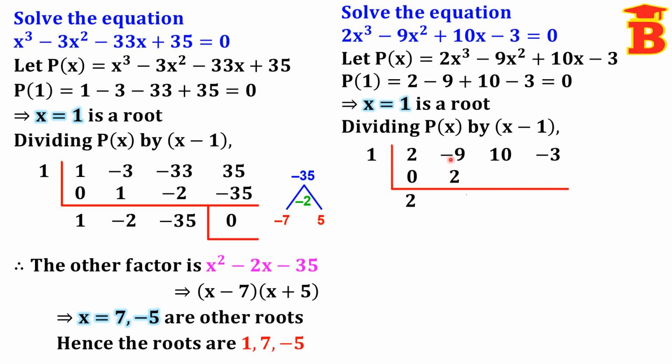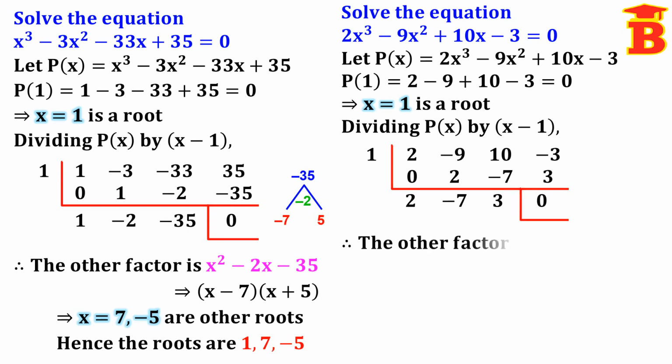Now adding this, minus 9 plus 2 is minus 7, and then multiply minus 7 into 1, minus 7. Adding this, 10 minus 7 is 3, and finally multiply 3 into 1, 3. And adding this we get the remainder 0.